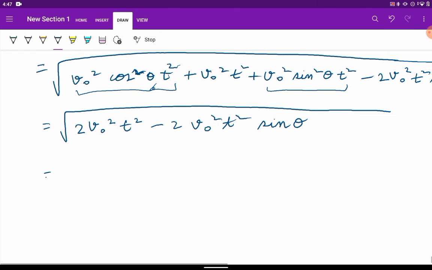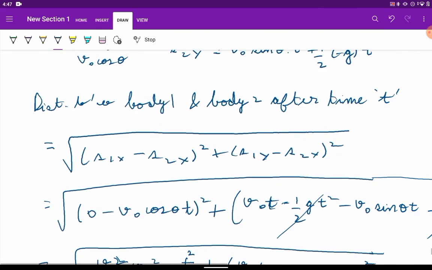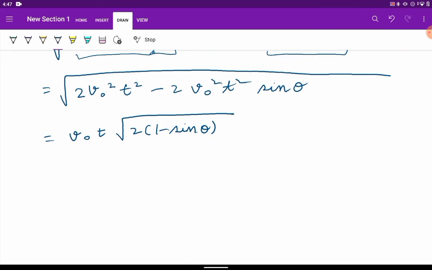So I can just take out v naught t times root over 2 into 1 minus sine theta. This is the distance between body 1 and body 2 after time t, which is v naught t into square root of 2 into 1 minus sine theta.